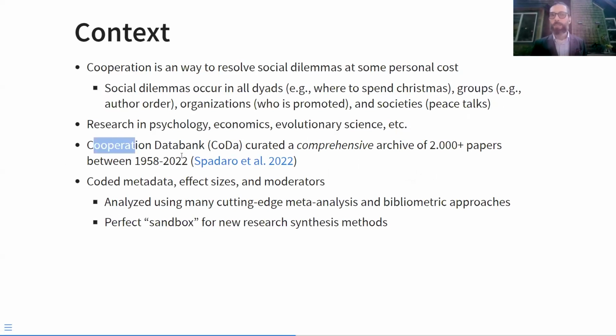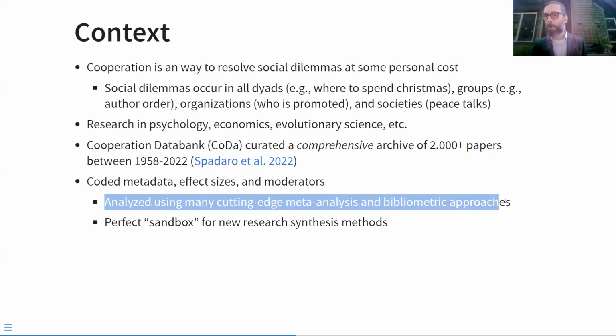The Cooperation Data Bank is a comprehensive archive of over 2,000 papers. And they manually coded metadata, effect sizes, and moderators. So this is a multi-million-dollar data collection project. It has already been sliced and diced every which way using cutting-edge meta-analysis and bibliometric approaches. But what had not been done yet is a qualitative analysis.